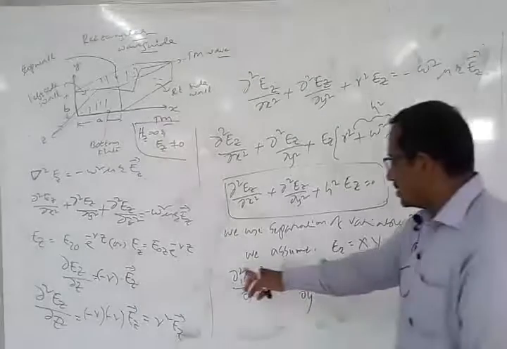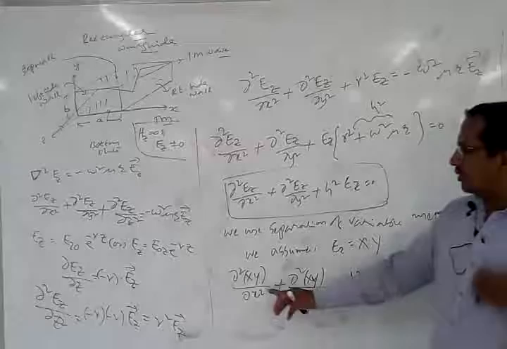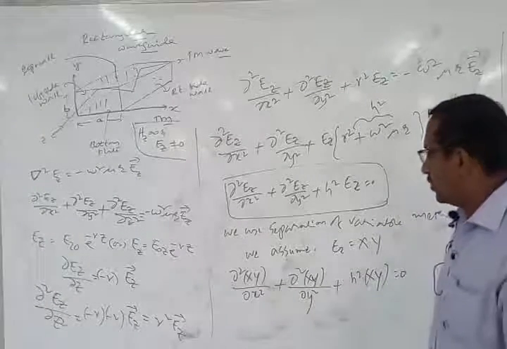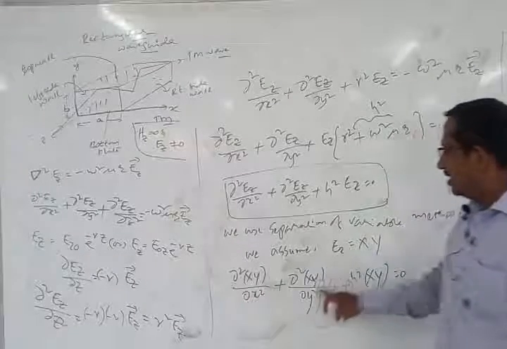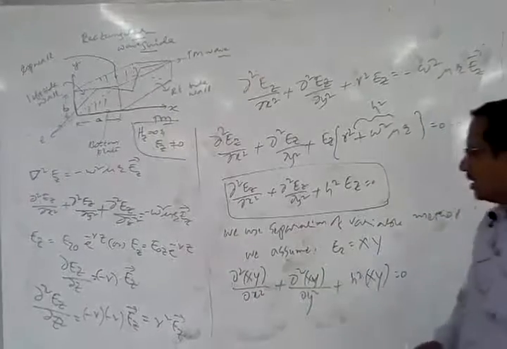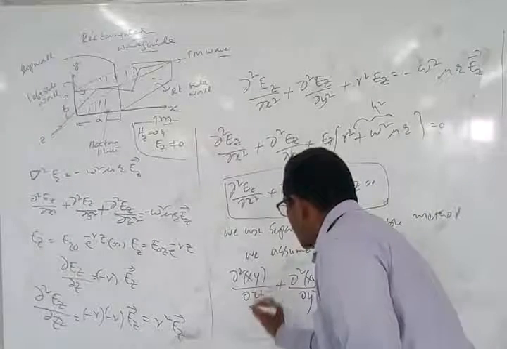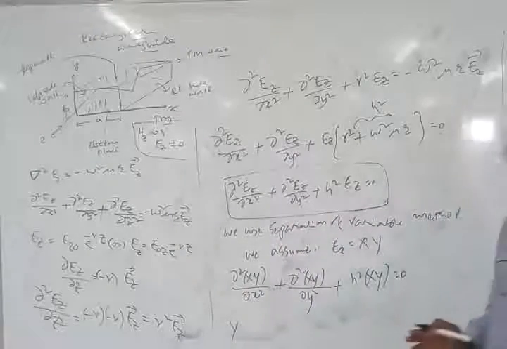Now what is dou square XY by dou x square? It is with respect to x only. This is with respect to y only, partial differentiation. So here y is constant and here x is constant. Therefore for this, y is constant, then I solve for x.